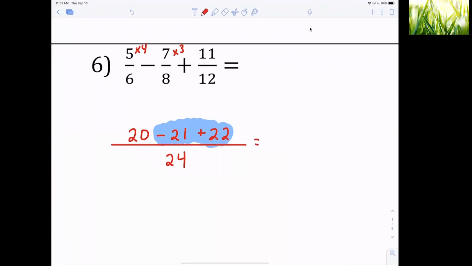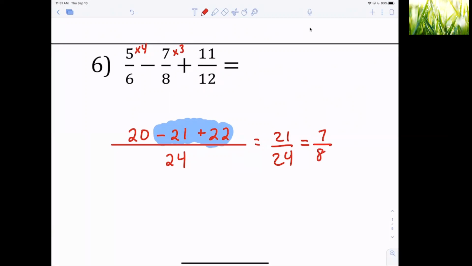Equals 21 over 24. Molly, are you happy with that? And then we reduce by a factor of 3. 21 divided by 3 is? 24 divided by 3 is? 8.